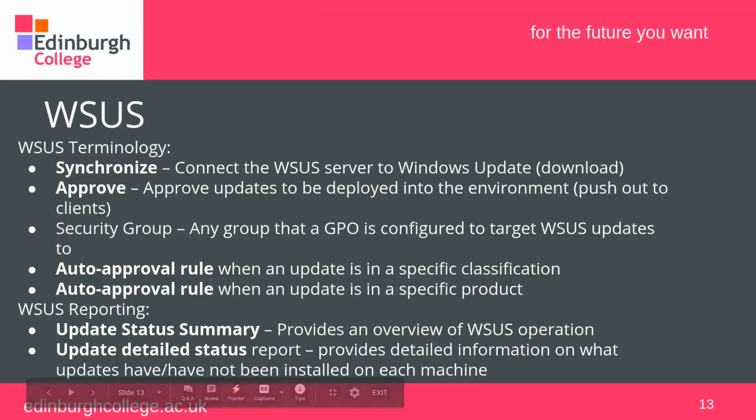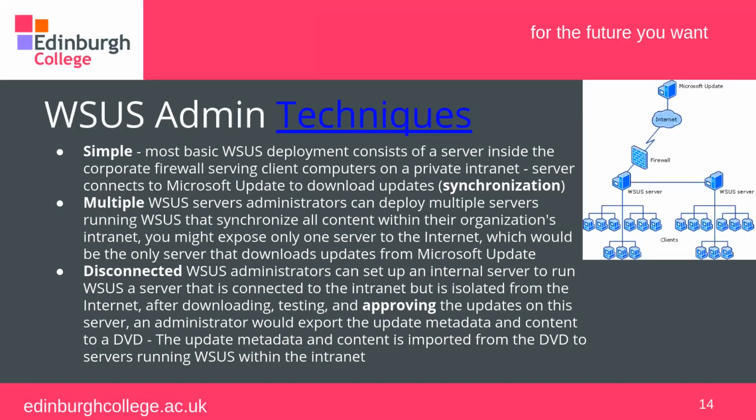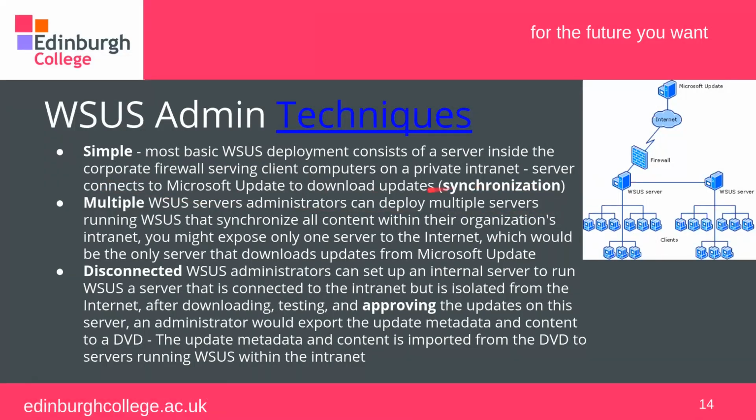So there are different types of WSUS deployment. A simple WSUS deployment is apparently the most basic. All this is, a simple one, is we just have one server and it connects to Windows Update to download updates. With multiple WSUS servers, we can have a setup that looks like this graphic over here.